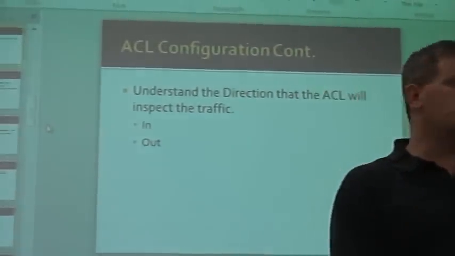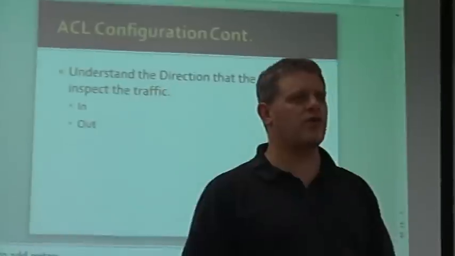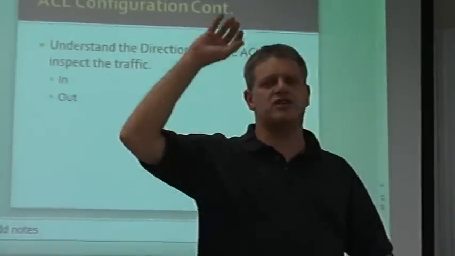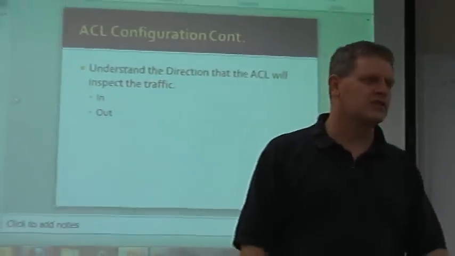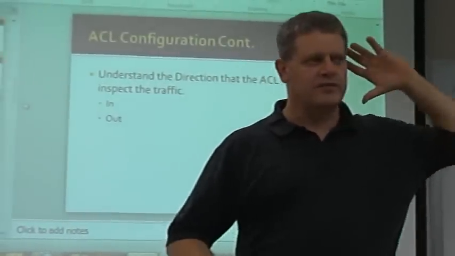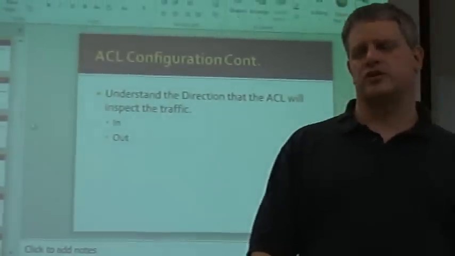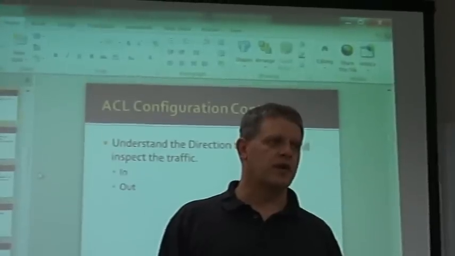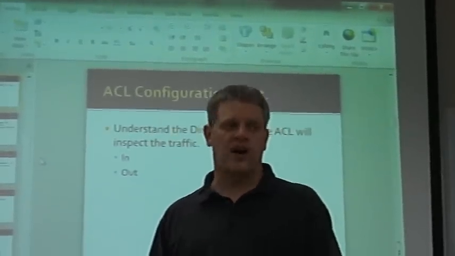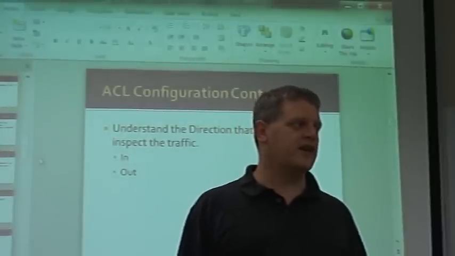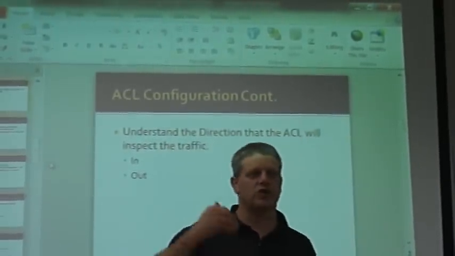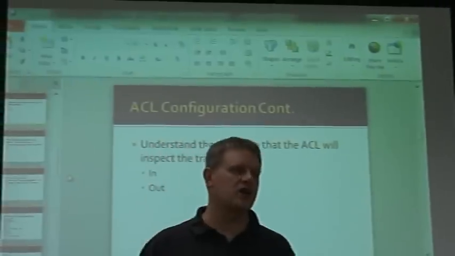You could do a beautiful access list, get everything right: your permit statements, your deny statements, your source and destination, your ports, everything else, and you're set up to get 10 points on that question. You don't apply it to the correct interface at all, you'll lose 5 points. You apply it to the interface, but you put it in the wrong direction, inbound when you should have applied it outbound or vice versa, you'll lose 3 points.